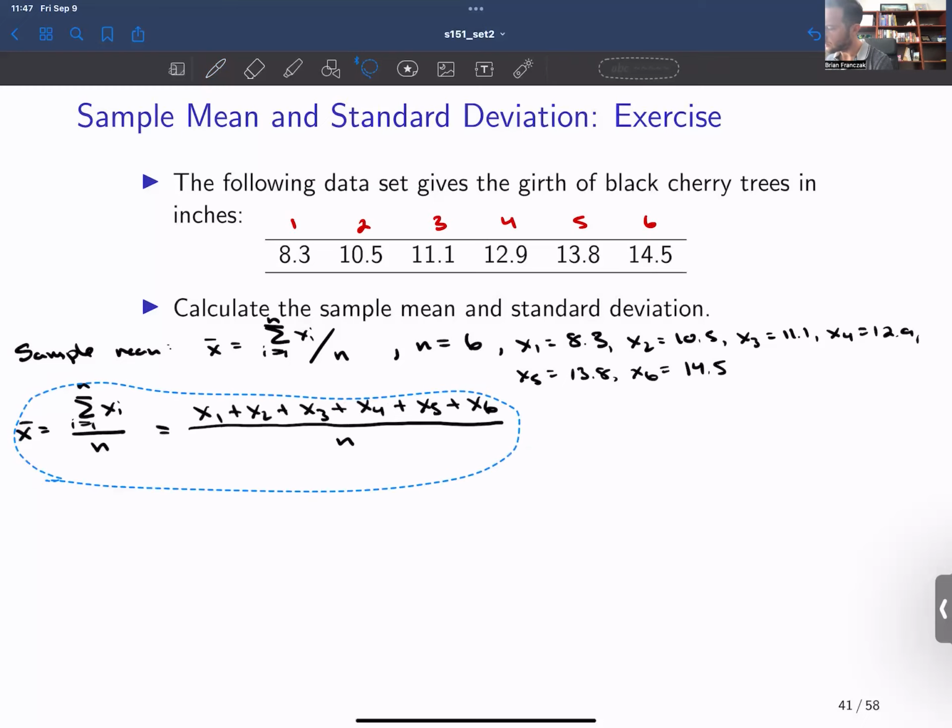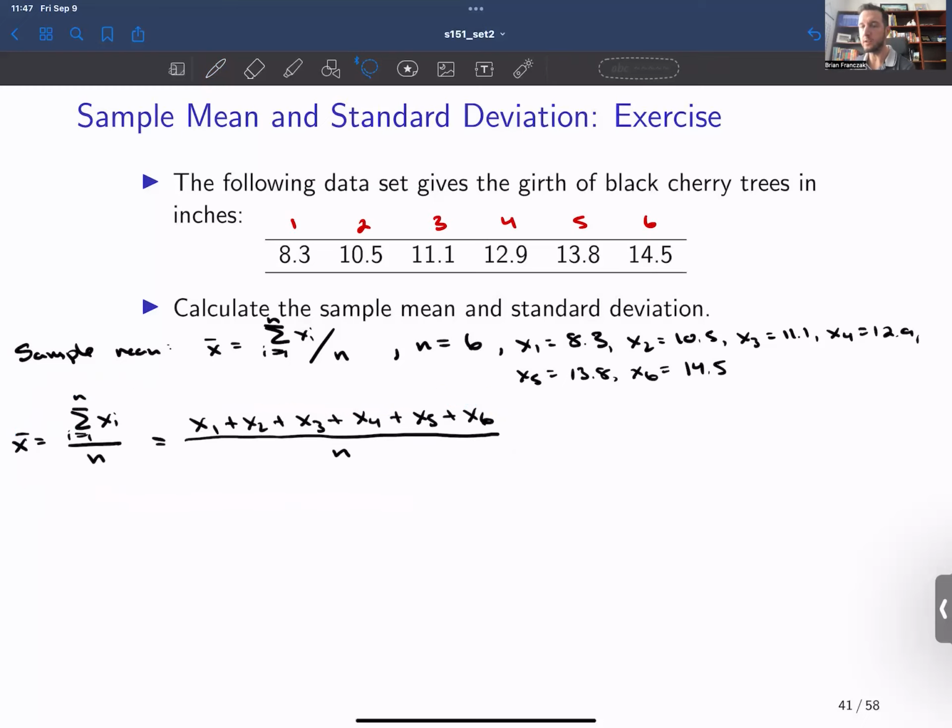So again, that's what that summation symbol means. It just means add up all the values between i equals 1 and n. And for clarification, this little n on the top is actually equal to 6, because we have 6 observations. So we're adding x1 to x6 together, and then we're dividing by little n.